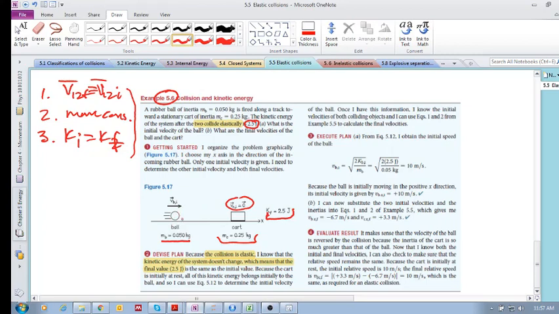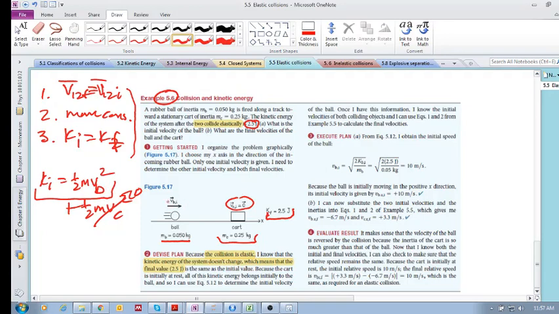And our K initial is the half mv squared of the ball plus the half mv squared of the cart. That's our K initial. It's both of those. But we know that the kinetic energy of the cart is 0. So our initial kinetic energy is simply the half mv squared of the ball.